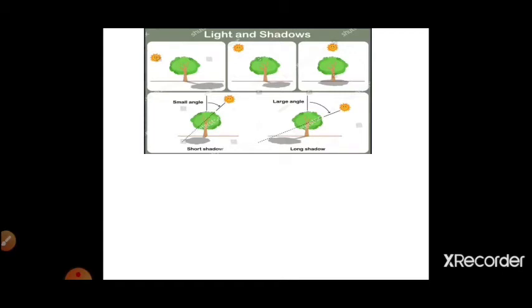If you go in the evening time and make yourself face the east, you will get your shadow in front of you because the sun is on the west side. So the shadow will be long. That means morning and evening your shadow will be long, and in the afternoon it will be short. It depends on where the source is.